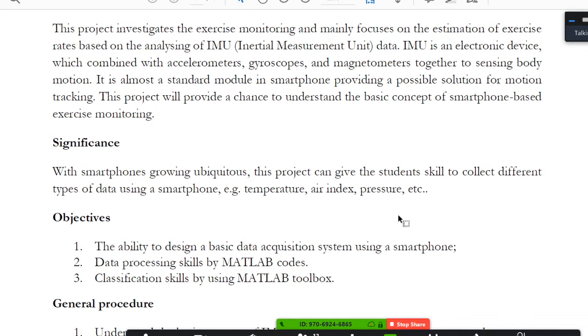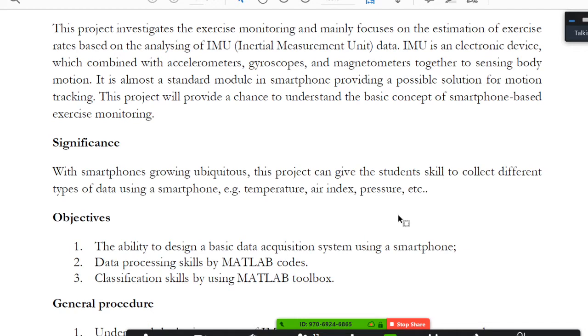For example, you are running, or jumping, or you play basketball, or badminton or tennis. So we need to judge what kind of exercise you are doing. This can use data analysis and classification.